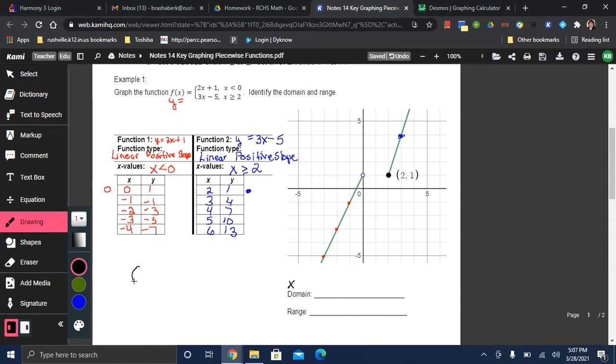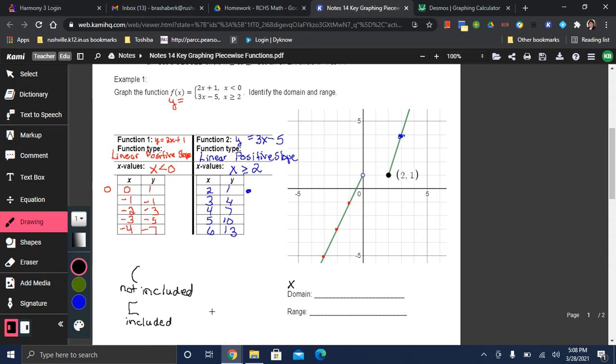A parentheses means that it's not included, and a bracket means that the boundary is included.